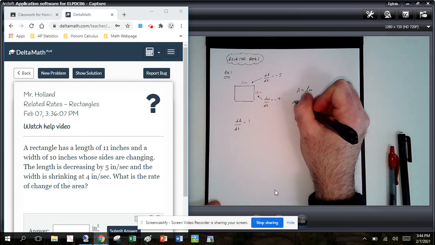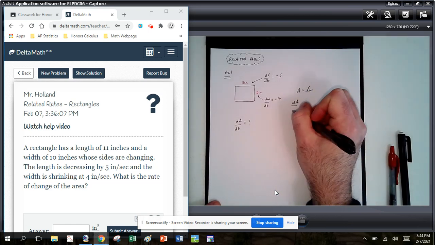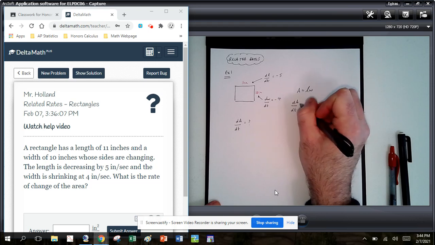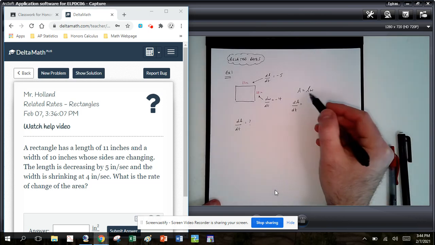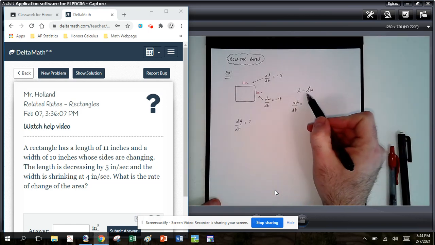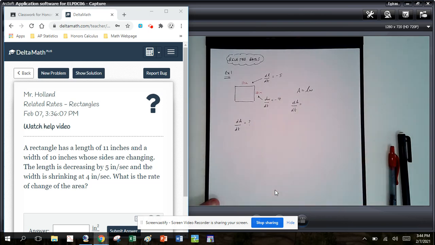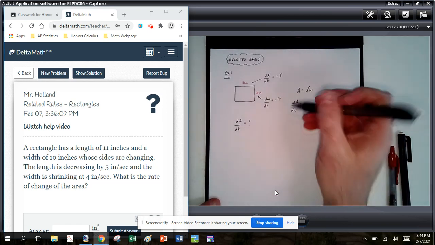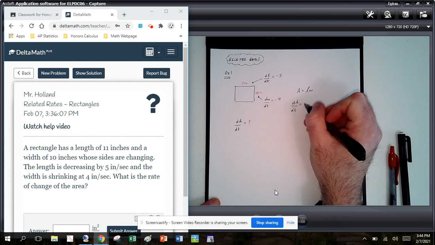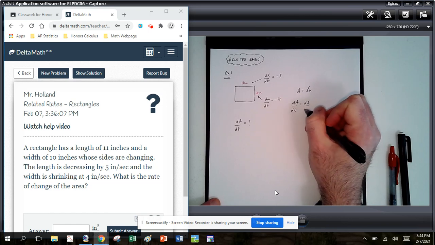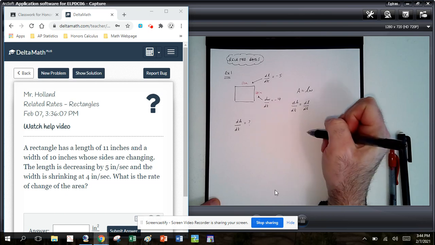So we want to go ahead and figure out the derivative of the area with respect to time. So this is where the implicit differentiation comes in. And in this particular case, because I have two variables that are being multiplied together, I'm going to have to use the product rule. So the product rule says I take the derivative of the first term, which is L. And remember, I'm doing that with respect to time.